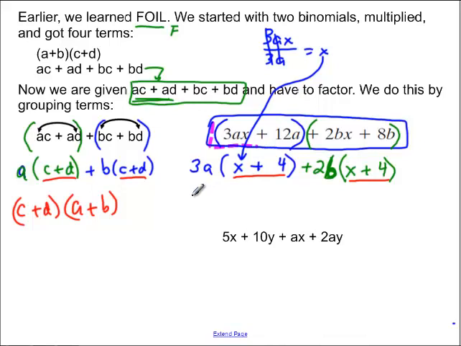So we can now factor out x plus 4 and write what is left over. I've got 3a plus 2b. And there's my factorization. So all these four terms together factored into x plus 4 times 3a plus 2b.